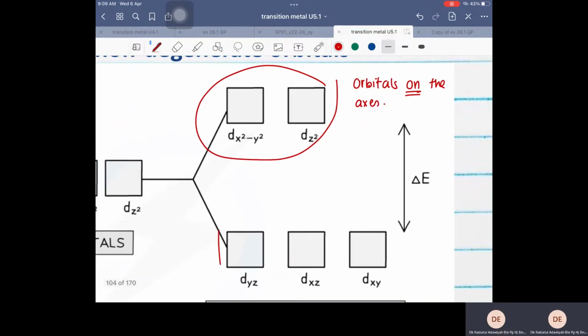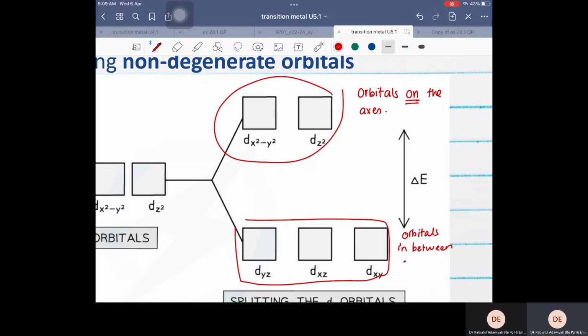And then the second group is the orbitals that sit in between. Don't worry, you have this diagram as well later on. You can start labeling them, but I have another diagram for that later. Orbitals in between axes.